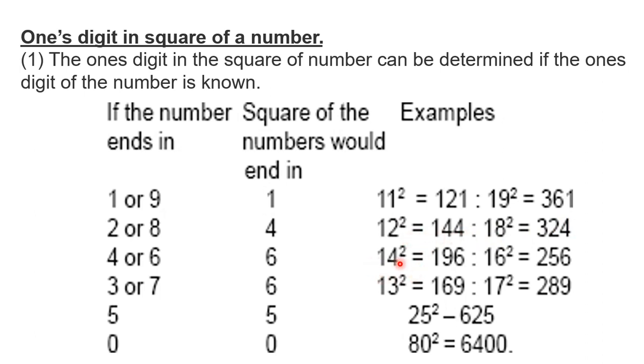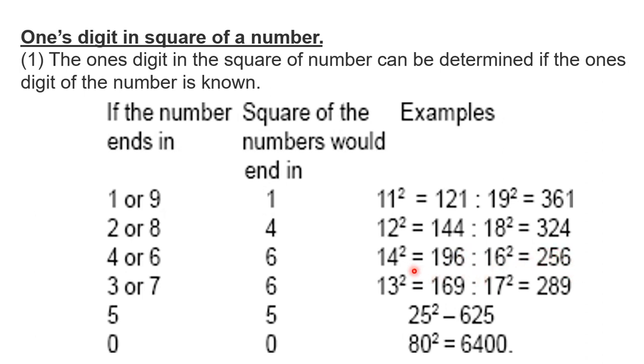Now take 4 and 6. If a number has unit digit 4 or 6, for example 14 square and 16 square, where 4 and 6 are the unit digits of the numbers, then 14 into 14 is 196 and 16 into 16 is 256. In these two numbers, 256 and 196, we observe that 6 is the unit digit, or ones place digit.